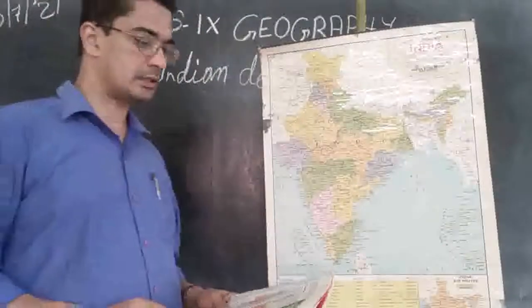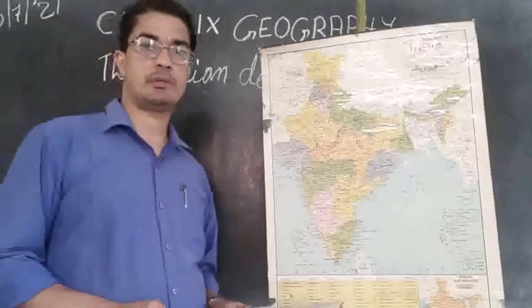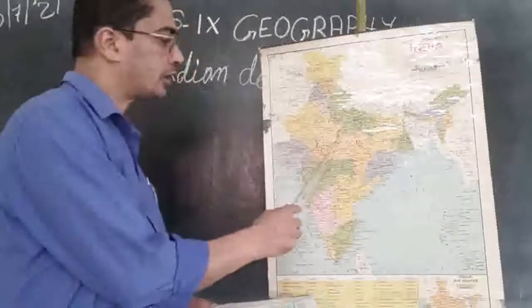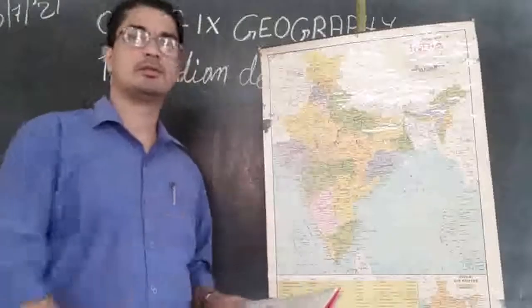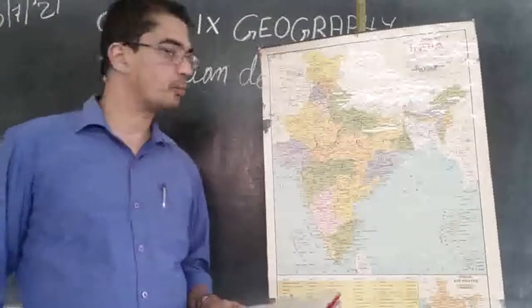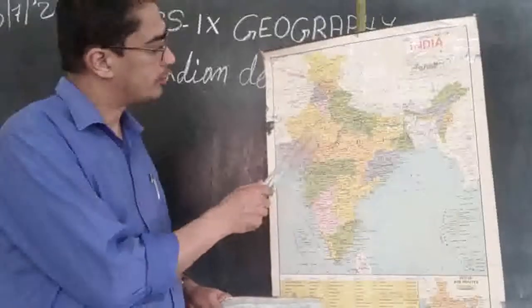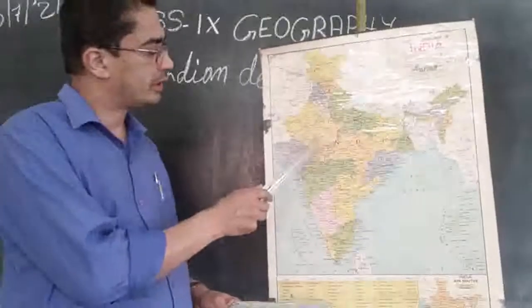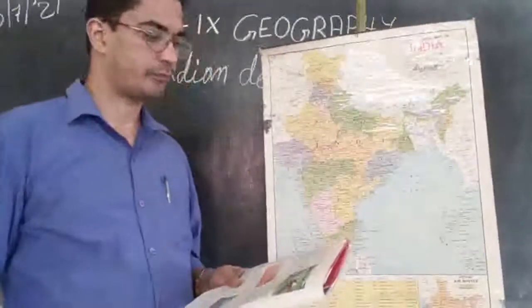So the Indian desert lies towards the western margins of the Aravalli Mountains. The western side of the Aravalli Mountains, the Indian desert begins. So Aravalli Mountains are here, and the desert region begins in the west of these Aravalli Mountains.